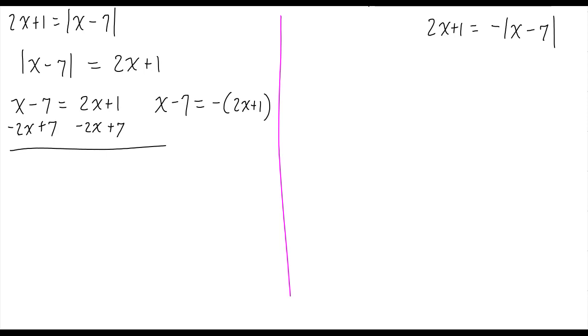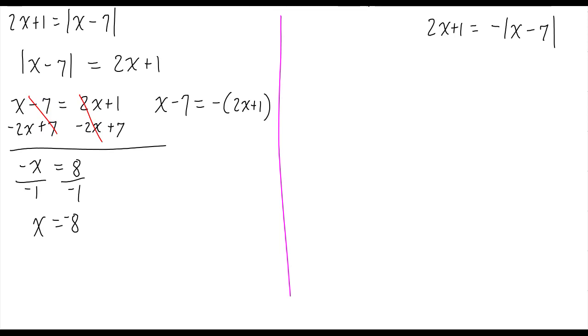Okay, if I did this right, then 2x minus 2x will cancel, and negative 7 plus 7 will cancel, leaving me with just x's on the left. X minus 2x is negative x. And on the right, 1 plus 7 is 8. And then divide both sides by negative 1, because this is an understood negative 1 in front of that x, to get x equals positive 8. Nope, negative 8. Okay, so there's my first possible result. I need to be careful to check my numbers in the end. Okay, so negative 8. Cool.